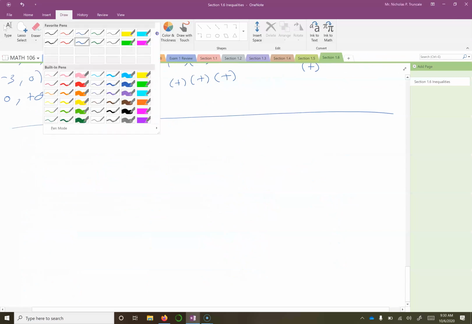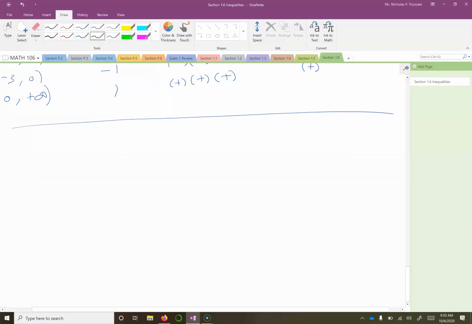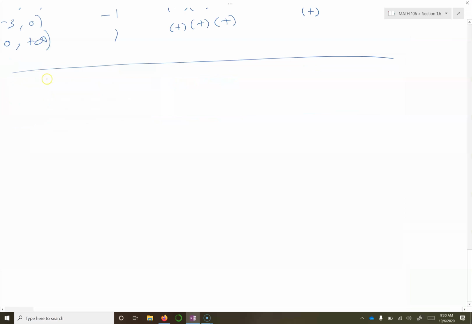Let's change the color again. So this is rational inequalities. I'm only going to give you one example of these, because the one I do is going to be just like the ones I'm going to assign for homework.